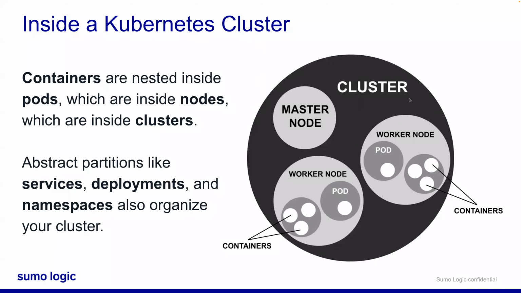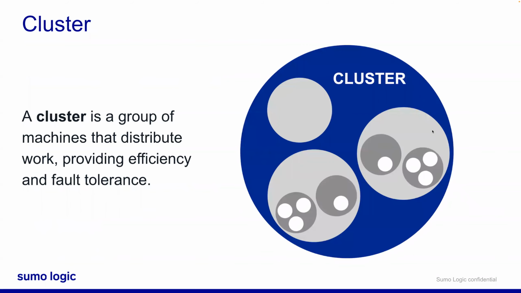Now let's get into these deeper levels. As mentioned, that cluster is a group of machines that are going to work together to distribute the work. Distributed computing is more efficient. And since more machines are working on the same problem, that's going to increase efficiency, essentially. More machines distributing work and data is also going to provide fault tolerance.